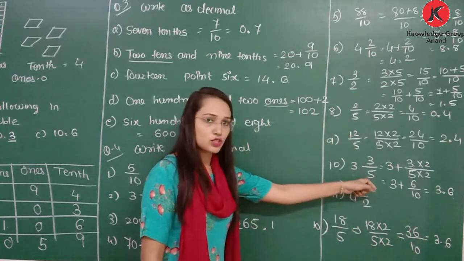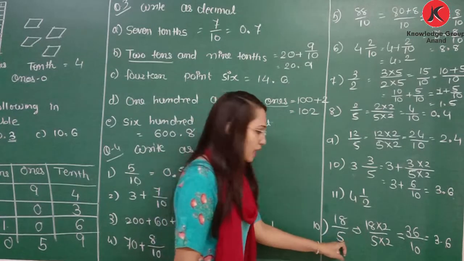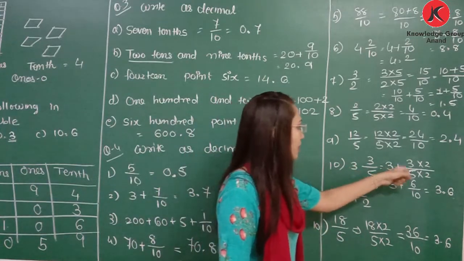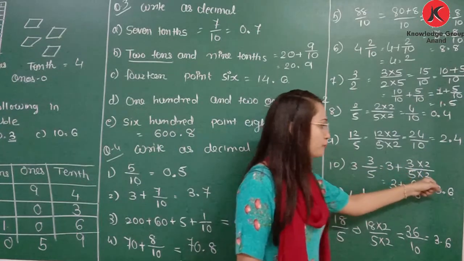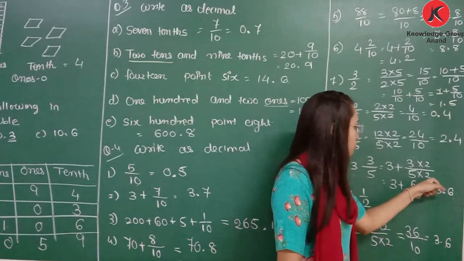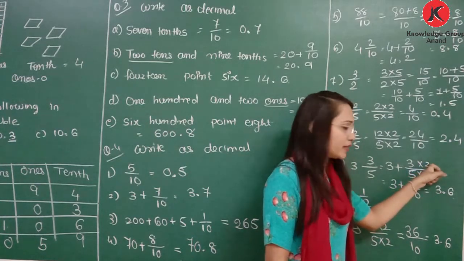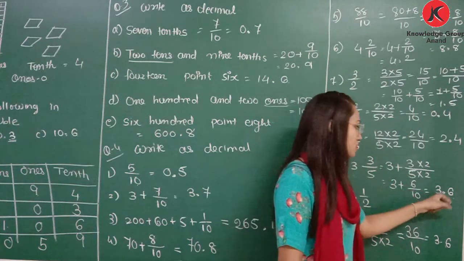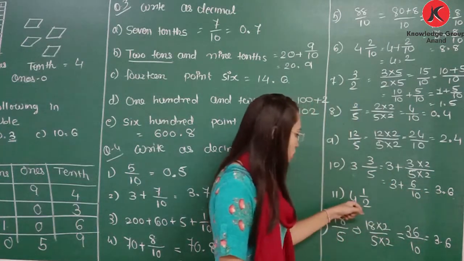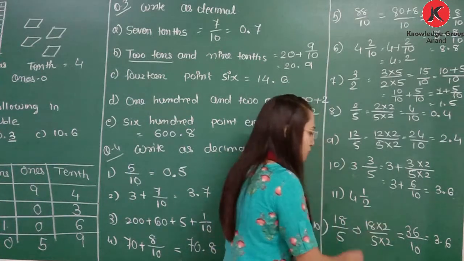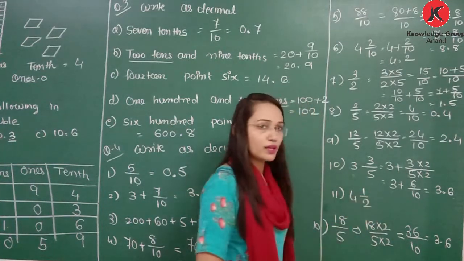Convert this mixed fraction into an improper fraction and then make the denominator 10, or you can split it like 3 plus 3 by 5. But to convert 5 to 10, we should multiply it with 2. So the same number we should multiply in the numerator. So it is 6 by 10, and 3 plus 6 by 10 is 3.6. Now this one, here you can write 4 plus 1 by 2, or you can write 4 twos are 8 plus 1, 9 by 2.